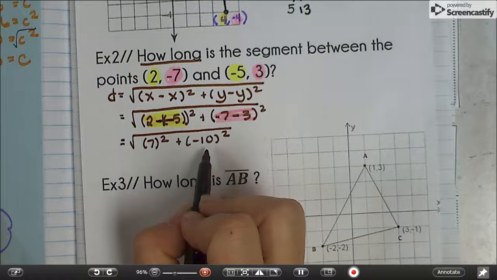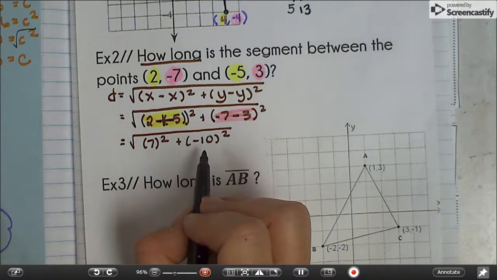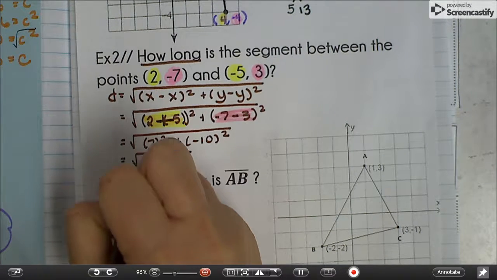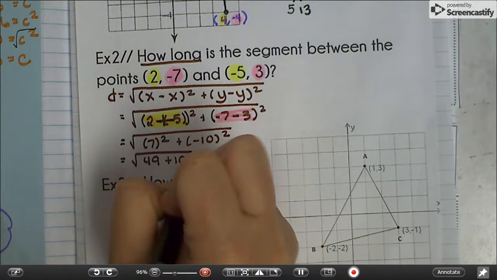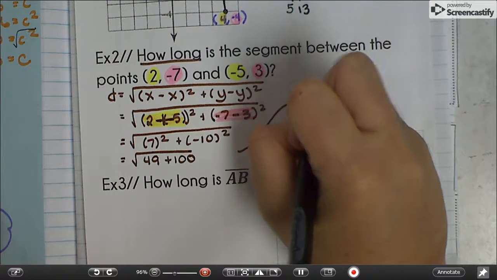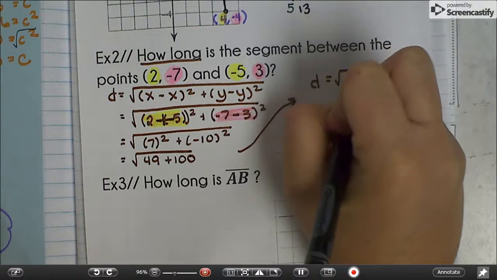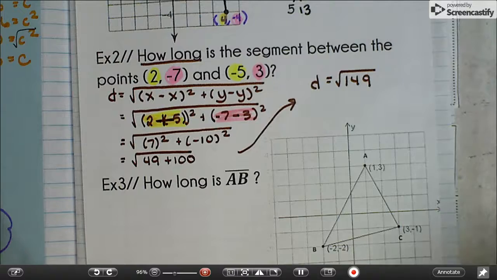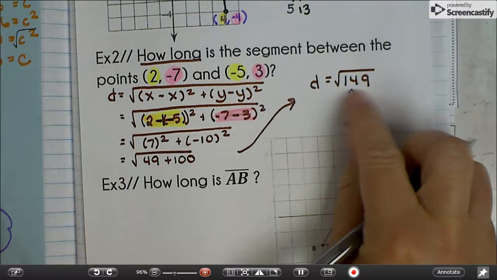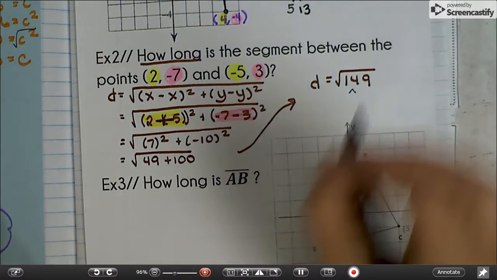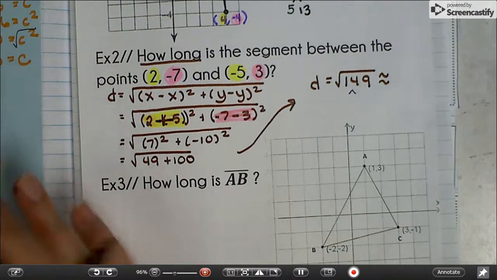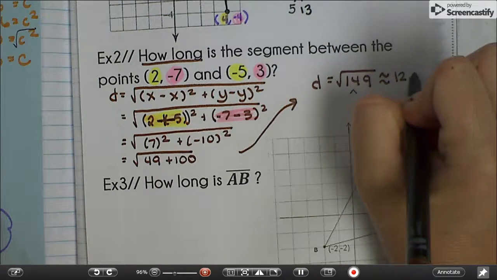Negative 10 squared is 100, while negative 10 squared without the parentheses is actually negative 100. So this is 49 and 100. So the distance equals the square root of 149. 149 is a prime number, so you can't prime factor it anymore. This is simplest form. But we can approximate the decimal. The square root of 149 is about 12.21.